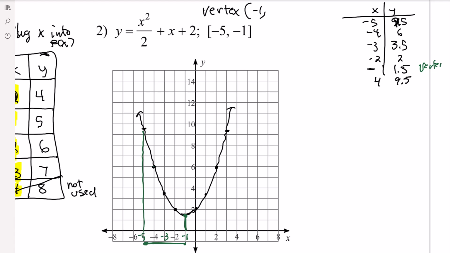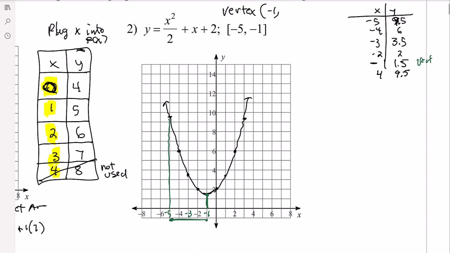All right, so what you're going to be doing is you're going to be finding the area under the curve. And what we're going to do is we're going to create a bunch of rectangles. And what we care about is the leftmost point. So when you're doing your table of values for the area, the leftmost point, so -5, -4, -3, -2.